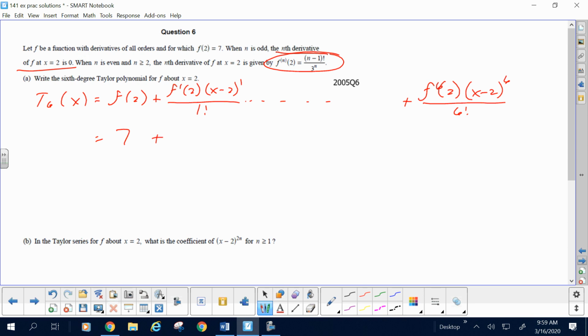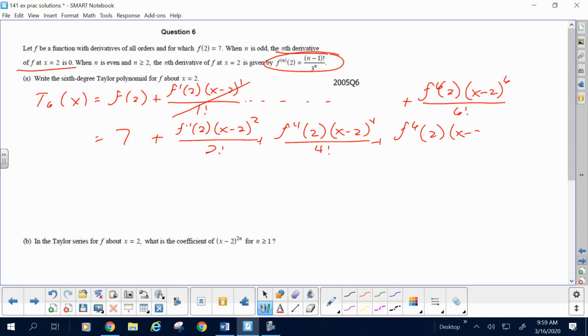So I'm going to blow off the first degree and go to the second. F double prime at 2 needs to be found. F fourth derivative needs to be found. And the sixth derivative needs to be found.